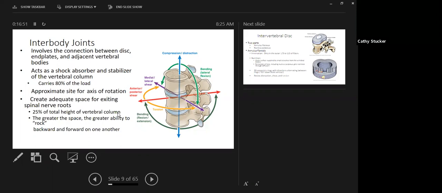And we actually lose height as we go through the day. At night, you're lying horizontally, gravity has no effect on you, your discs rehydrate. So there's more space in between, and you're actually a little bit taller. But then as the day goes on, gravity does its thing. Gravity's not our friend. The discs lose a little bit of water during the day.